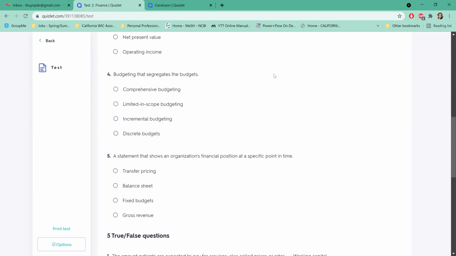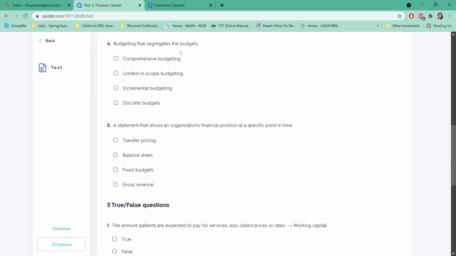Next question. Budgeting that segregates the budget. Is that called comprehensive budgeting, limited in scope budgeting, incremental budgeting, or discrete budgets?